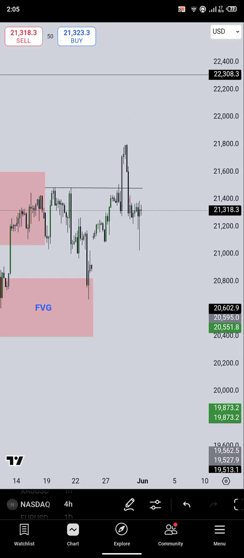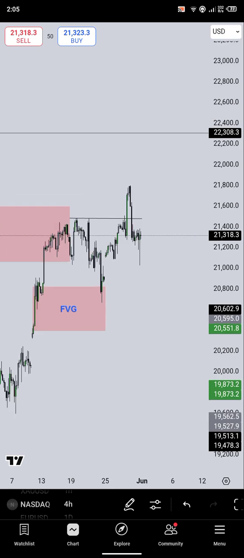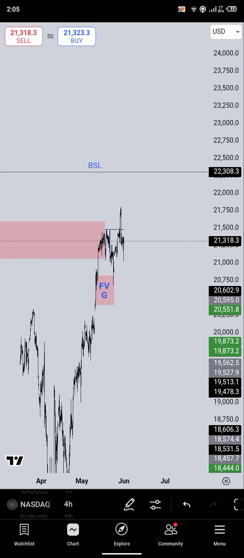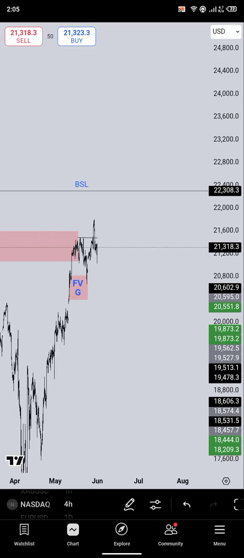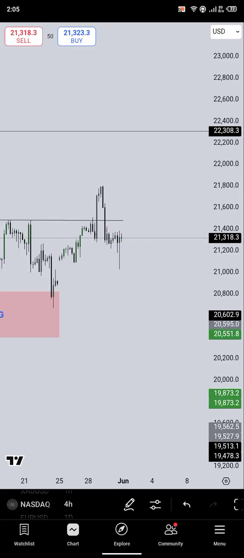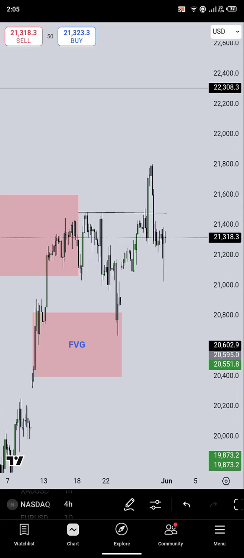So let's just wait and see how price reacts from this level. Although our main target is this buy side liquidity, because of this weekly fair value gap, let's just see how price reacts from those levels.